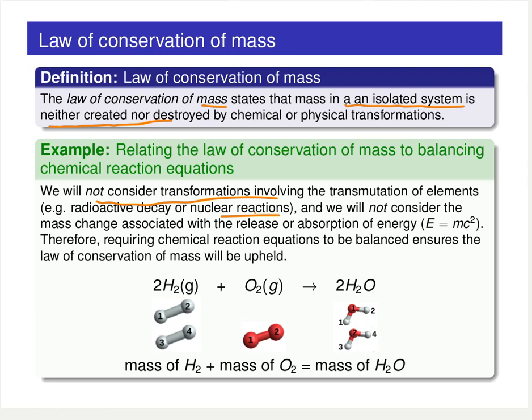So we're not worrying about Newton stuff. All we are doing is simply counting up the number of atoms of each type on both the left-hand side, reactant side, and the product side, right? And the mass of each and the total number of each, therefore, must be equivalent.